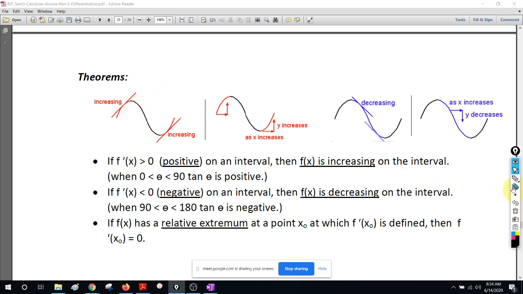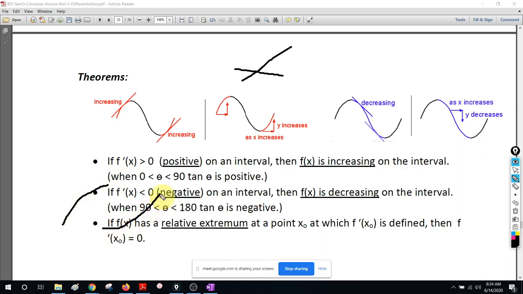Remember, derivative is the rate of change or the tangent. So positive means tan theta is a positive value, which means the angle is less than 90. So increasing means positive, or positive means increasing.